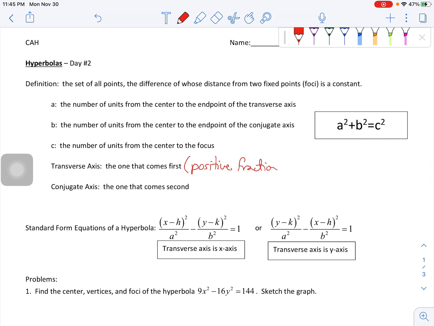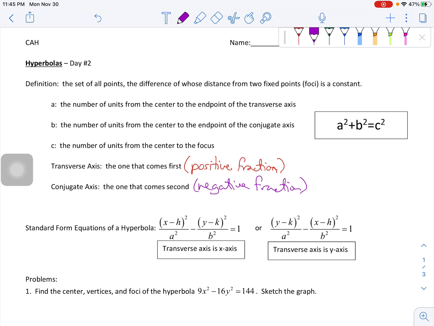And part of the reason why is I have seen, not often, some cases where the negative fraction comes first in a hyperbola, so I want you to be careful that it's the positive one that is associated with the transverse axis. The conjugate axis is the one that comes second, and again, I am going to mark that as the negative fraction.